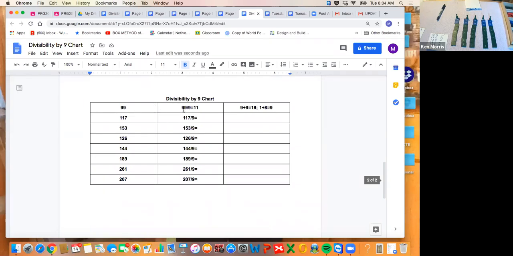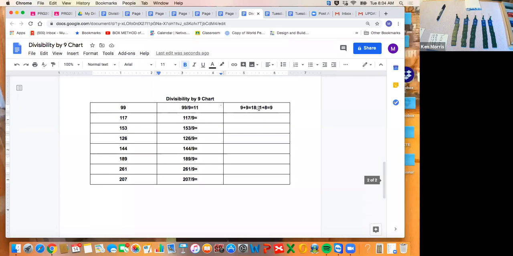Okay, and here's an example where I had to add twice. Oh, wait a minute, I didn't finish this. No, I'm sorry, I'm good. This is just showing that it is divisible. You can do this column with a calculator.